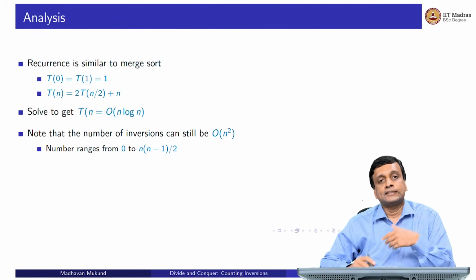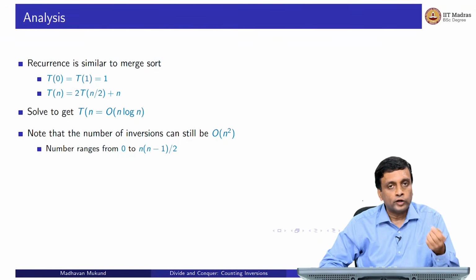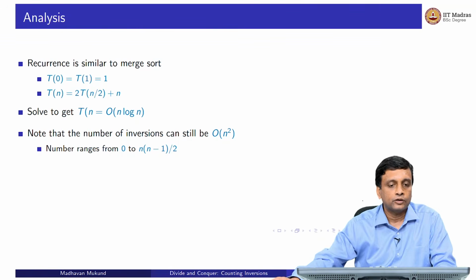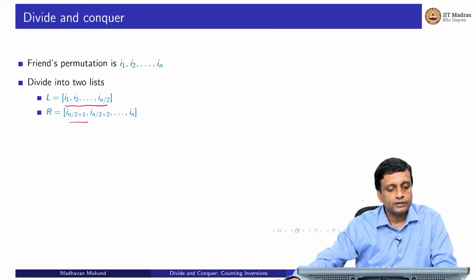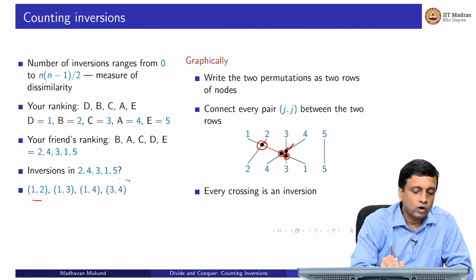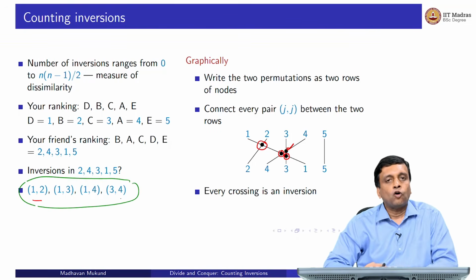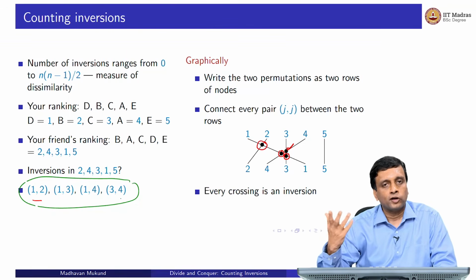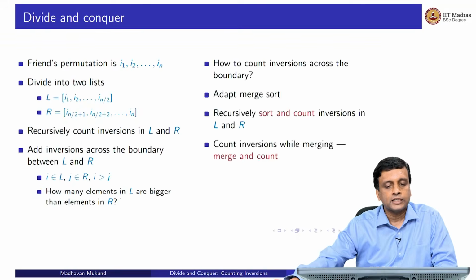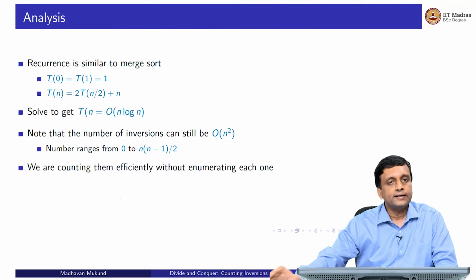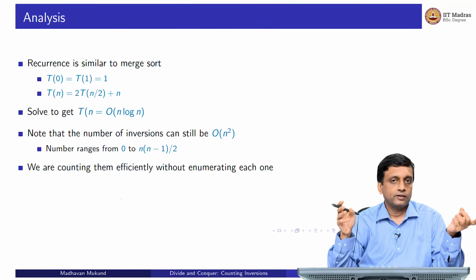One of the things we do not get from this version of the algorithm is what we did earlier. When we first solved this problem, we got this explicit list of all the inversions. That was a byproduct of the brute forcing. We don't get an explicit listing. What we are getting is the number of such pairs, right.